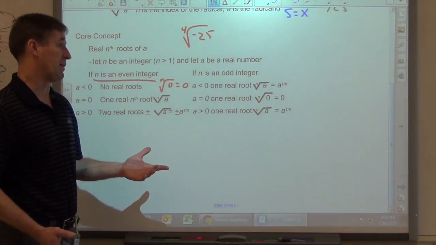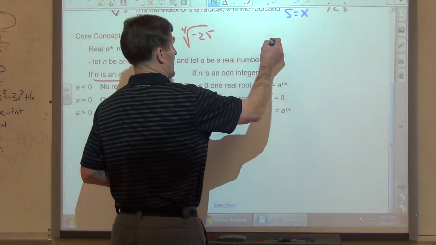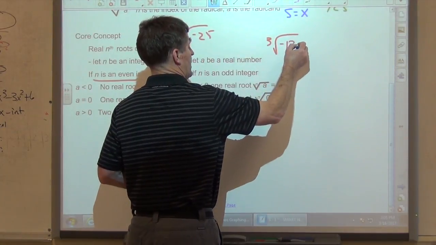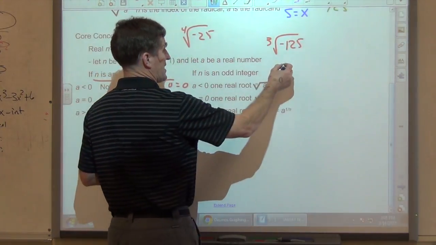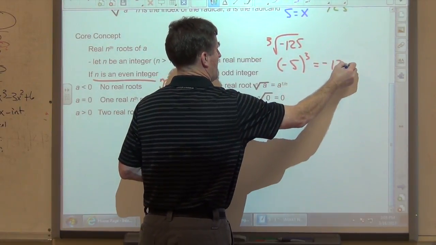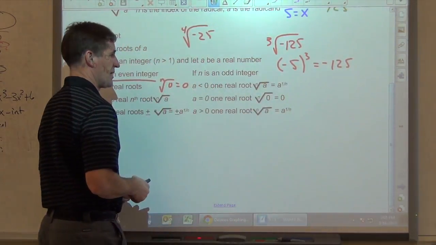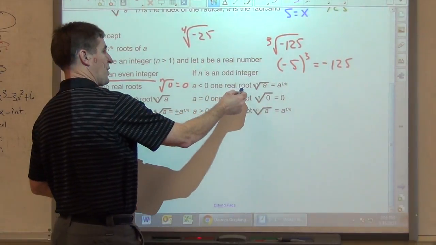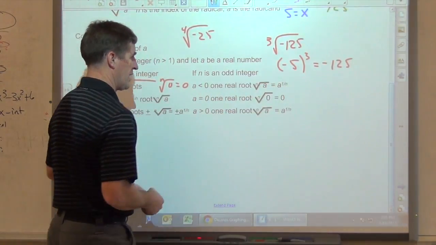Odd integers are different, because taking negative numbers is okay, since negative 5 to the 3rd power would give us negative 125, because we'd have 3 negative signs. So if a is less than 0, there's one real root, and that would be a to the 1 over n.